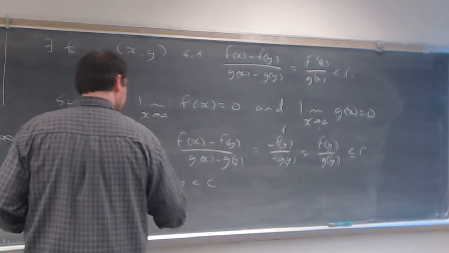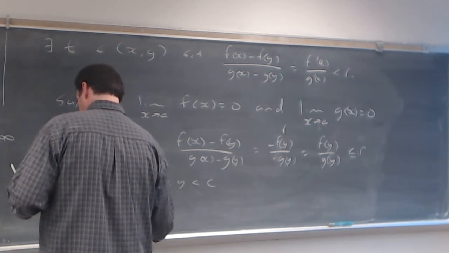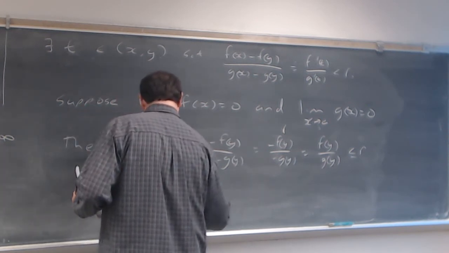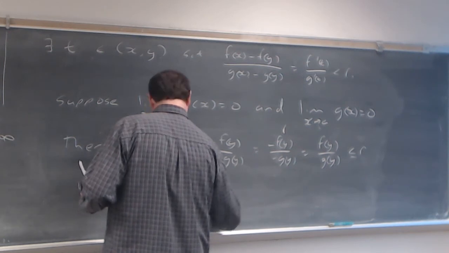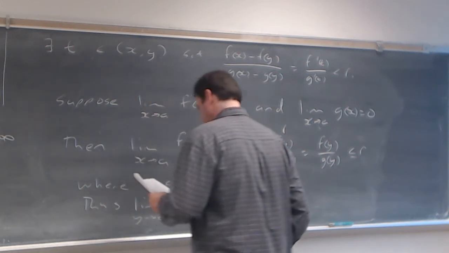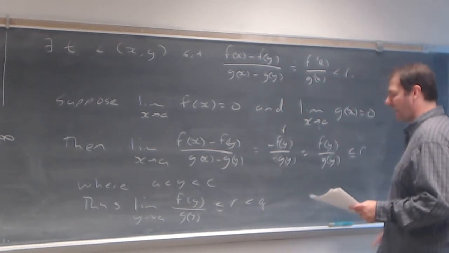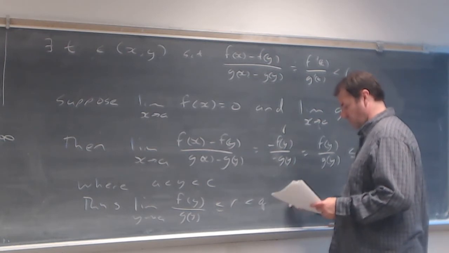Thus, the limit as y goes to a of f of y over g of y is going to be less than or equal to r, which is less than q. And so that is essentially what we wanted to prove.